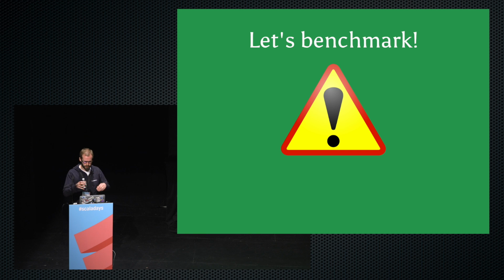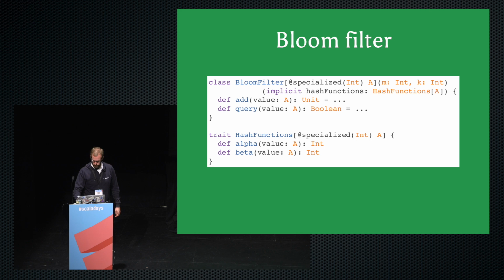So let's have a look at another benchmark. And the same warnings apply. This is all probably wrong. Again, I wanted to do a kind of real-worldy benchmark, or something a bit more interesting than just a boring old map. So I implemented a Bloom filter. A Bloom filter is a probabilistic data structure that can tell you whether a certain element is probably a member of a set.